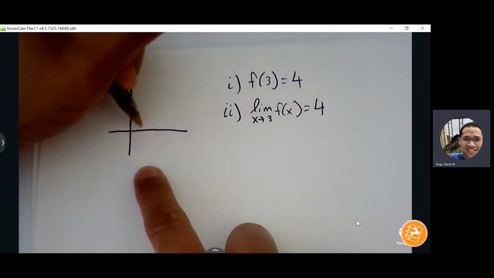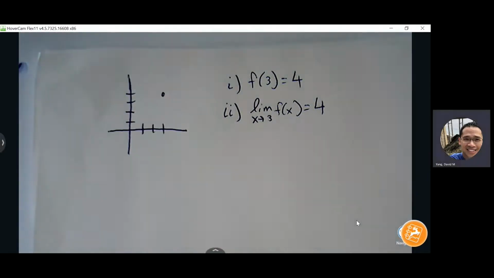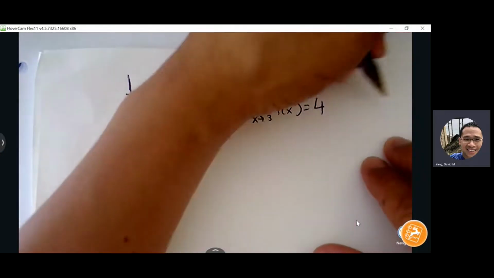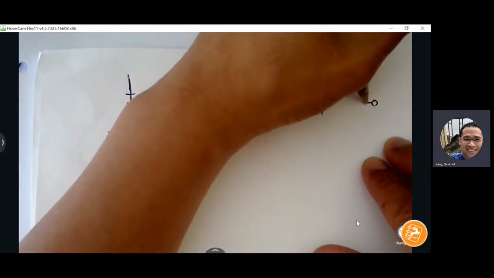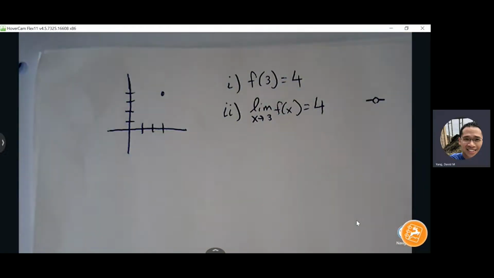We just plot that ordered pair at 3, 4. The second statement, remember if I asked you to create a limit, I always say start with a hole and then extend in both directions, right? Because we want the graph to approach the y value from both sides, but we start off with a hole there because we don't know if there's anything that should be there or not.